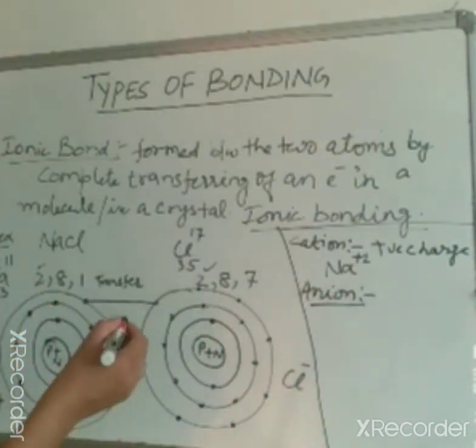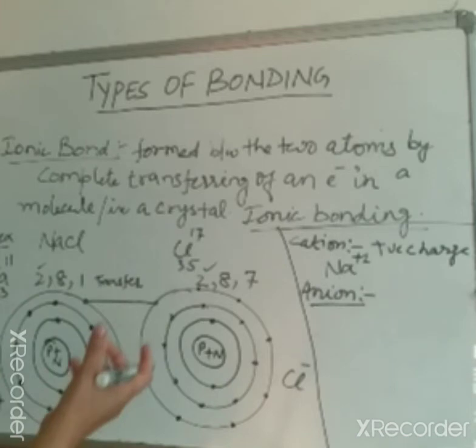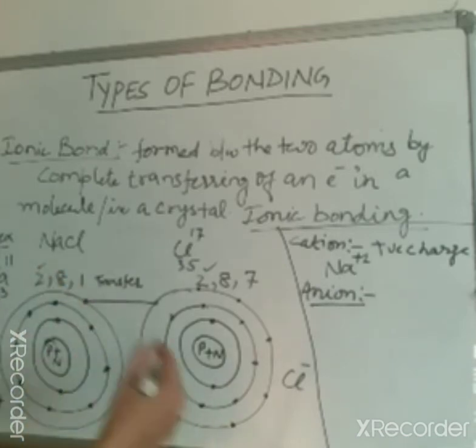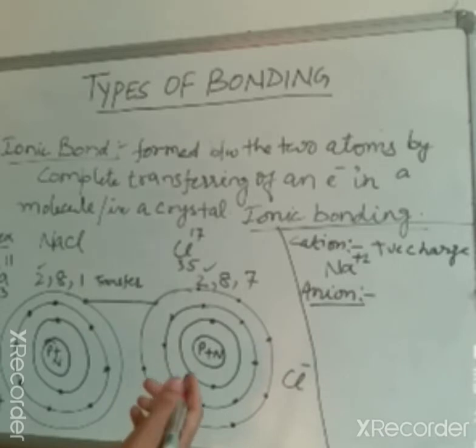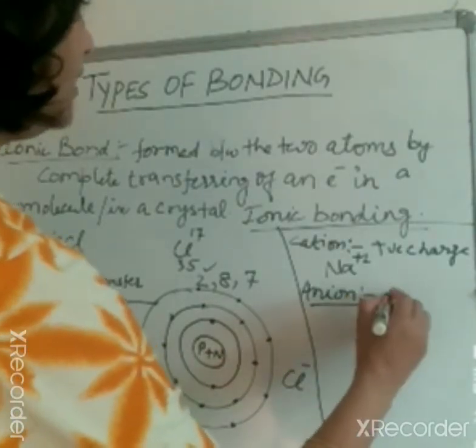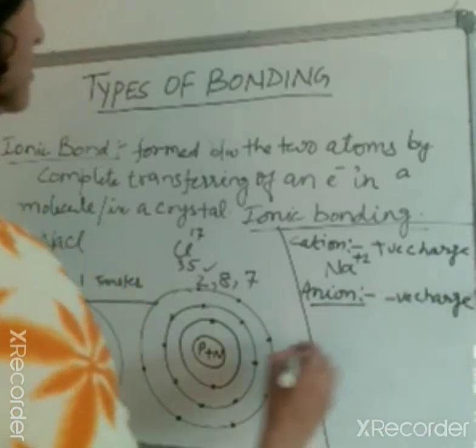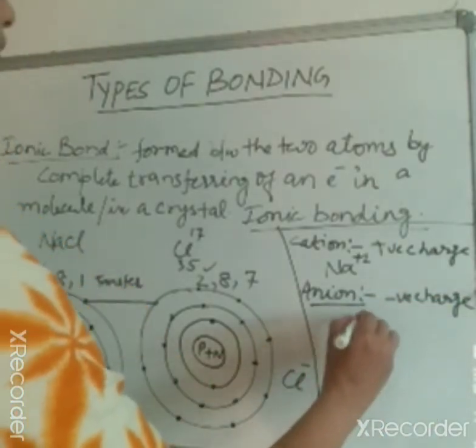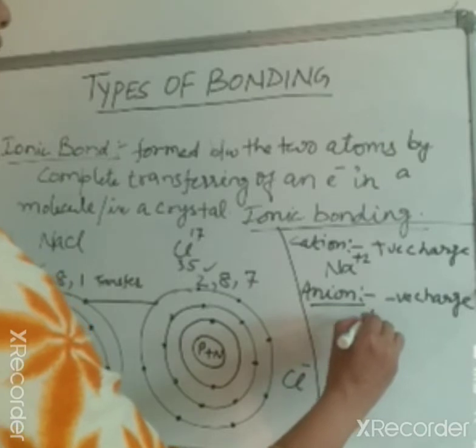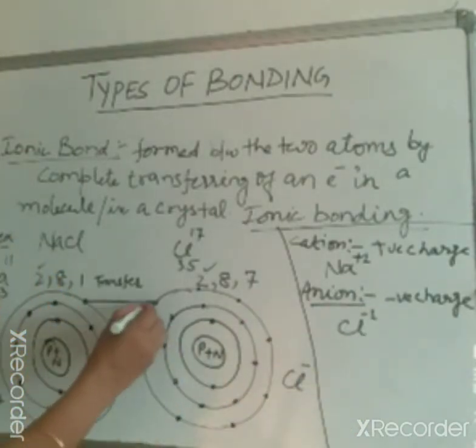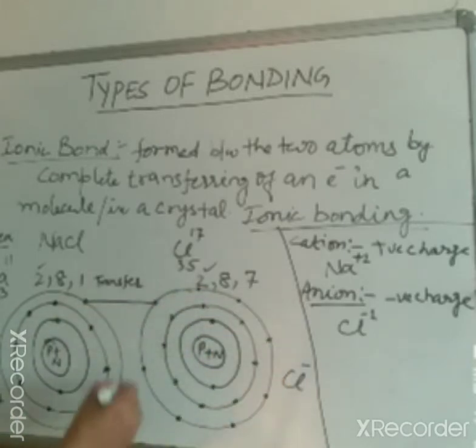If an atom gains an electron from another atom, it becomes an ion with a negative charge. So in this example, chlorine becomes negative with one charge because it has taken only one electron from sodium to get stable.